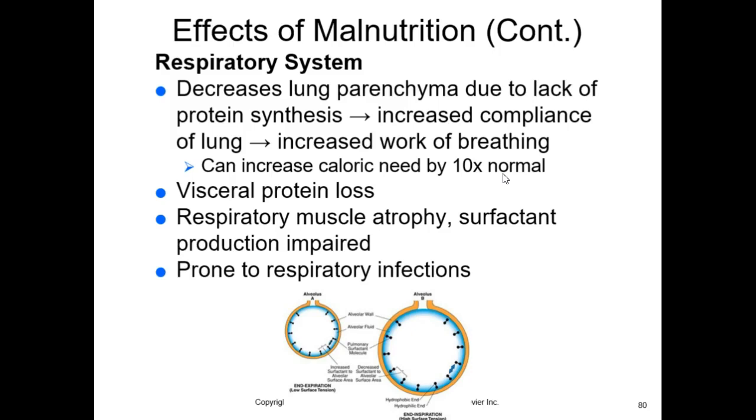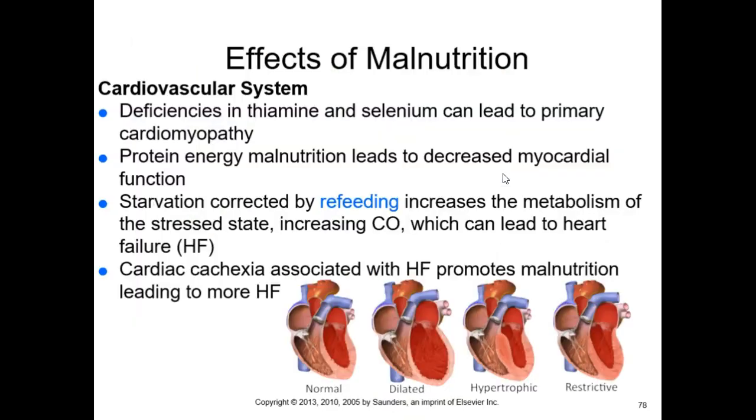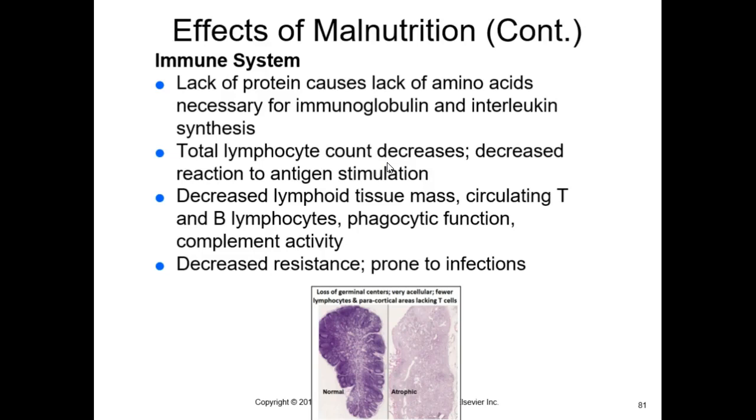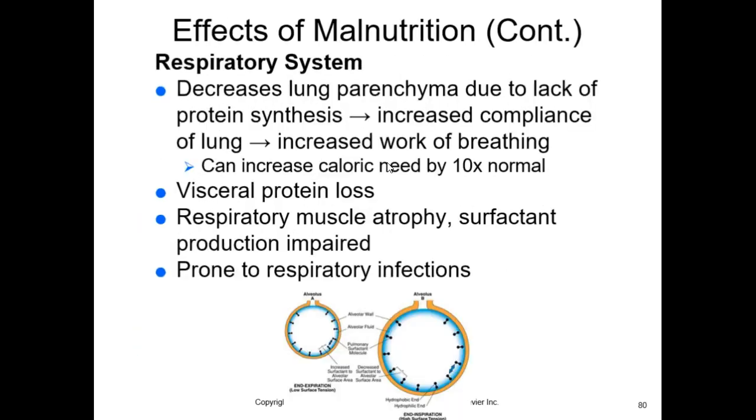Okay, it's kind of in a weird order. We already said effects of malnutrition on the cardiovascular system. It can lead to cardiomyopathy. We only went into refeeding because it's referred to there. So respiratory system, honestly, immune system, all these different systems, the pattern is the same. We're going to have gradual destruction of tissues if you don't have the nourishment to repair those cells.